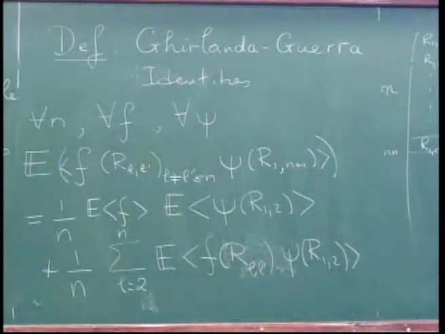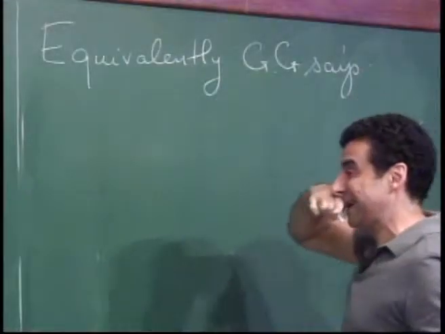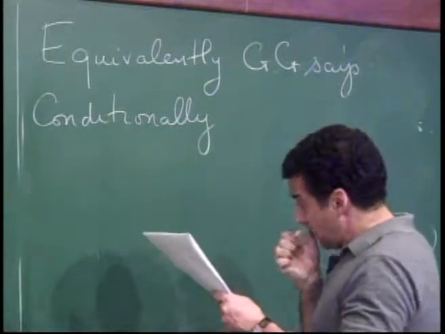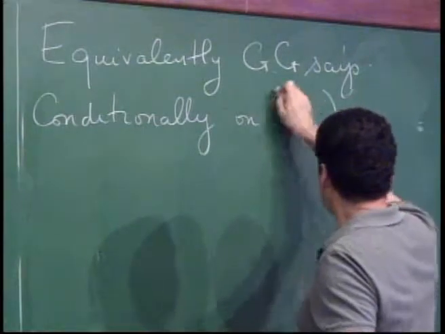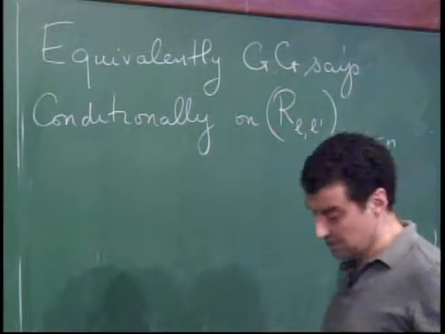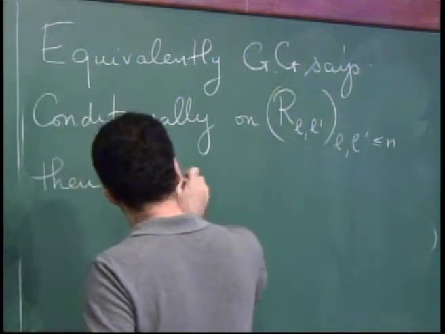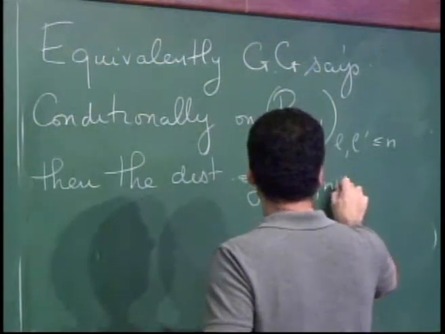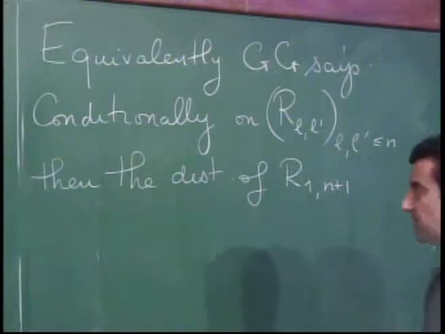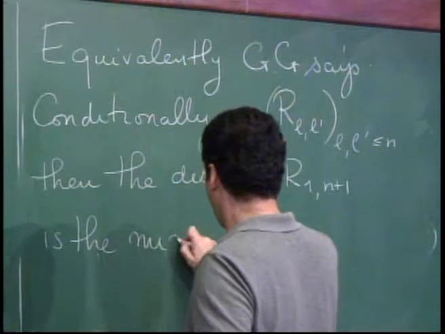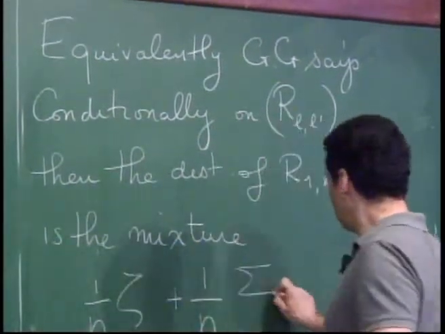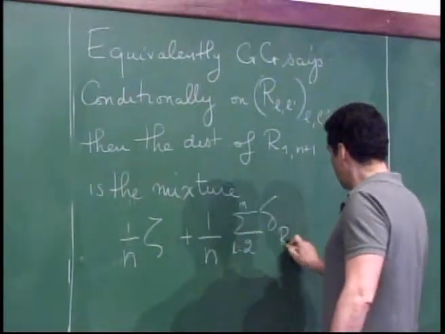The Ghirlanda-Guerra identities say that conditionally on the values of these overlaps R_{L,L'}, when L and L' are smaller than n, then the distribution of R1 n plus 1, when you add this new guy, is the mixture 1 over n zeta plus 1 over n sum from 2 to n of Dirac mass at R1L.